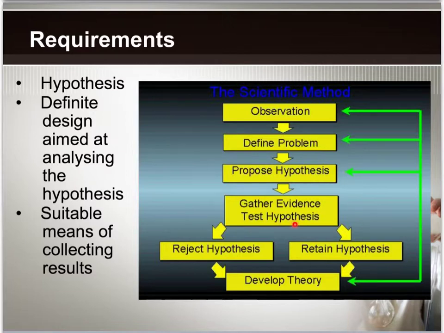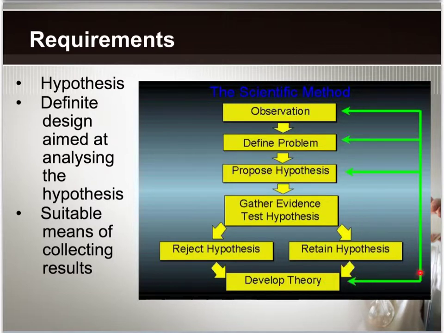Now, when that hypothesis has been tested, we will either have a rejection or a retention of the hypothesis. Really, the rejection is going to be a negative result generally, and a retention of the hypothesis is more a confirmation of their beliefs. Once they've done that, they are then able to develop their theory a little bit further. Whether the result is negative or positive, they now have more information to work upon.